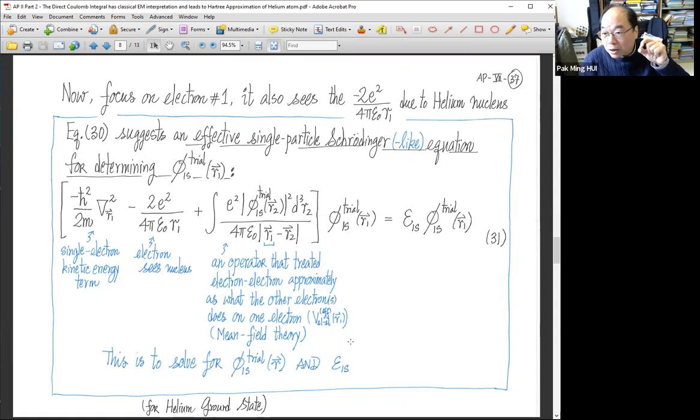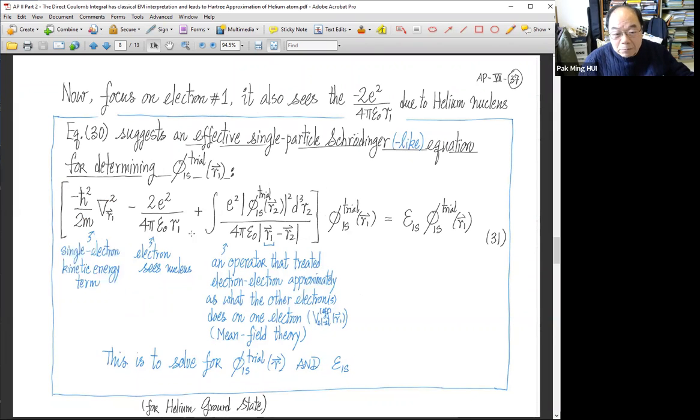So if I focus on electron number 1, then electron number 1 sees the attractive +2e nuclear charge. So this is the highlighted term. Electron number 1 has its own kinetic energy term. So that is the first term.